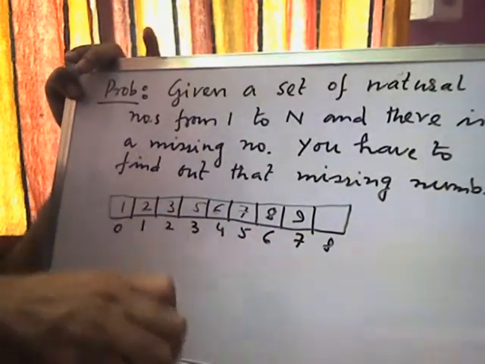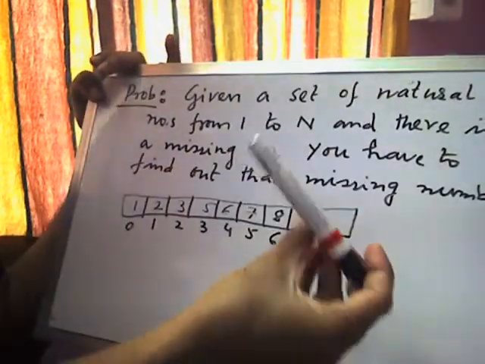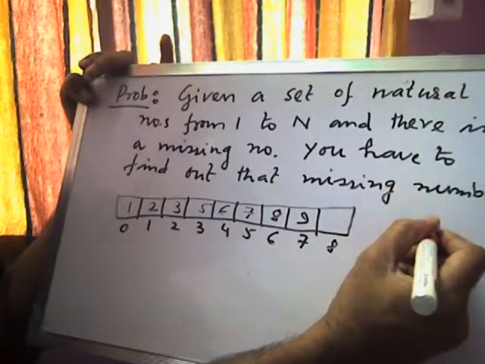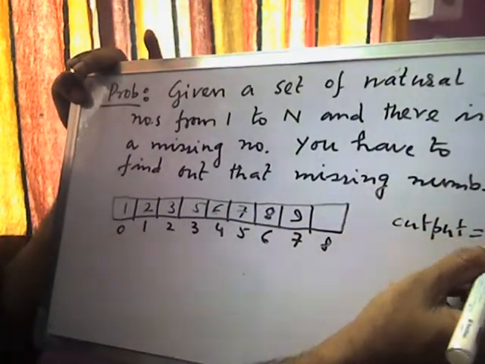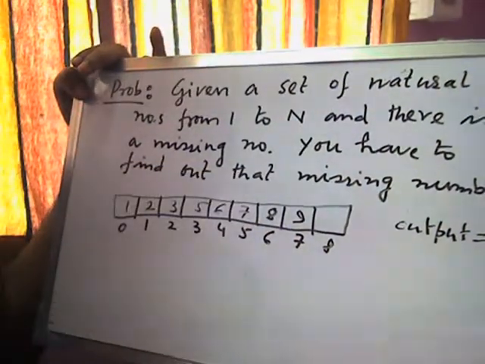What is the missing number here? The missing number here is 4. So the output is equal to 4.